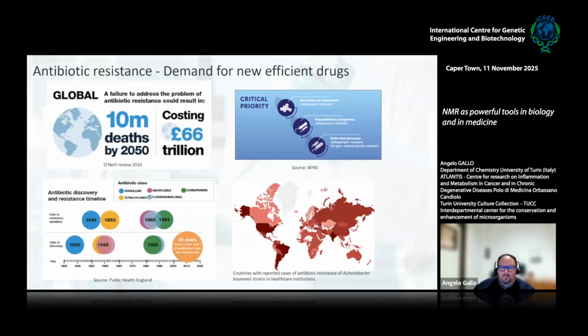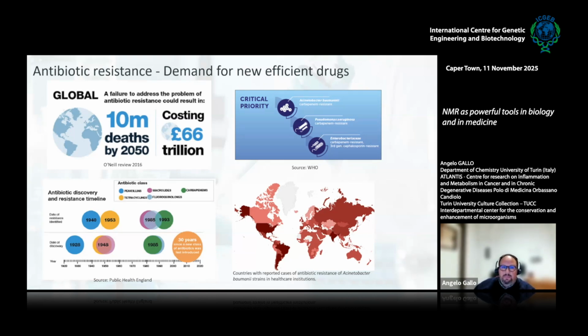I've been working, while I was in the UK, on antibiotic resistance. As you can see, there is a high demand for new efficient drugs, and the forecast is that by 2050, 10 million deaths per year can arise from antibiotic resistance mechanisms.